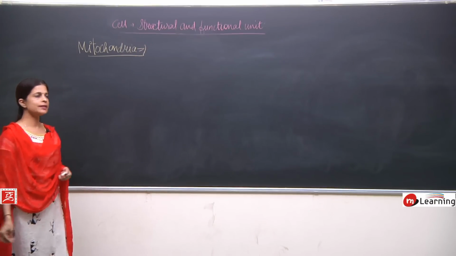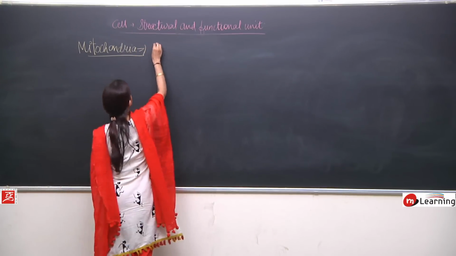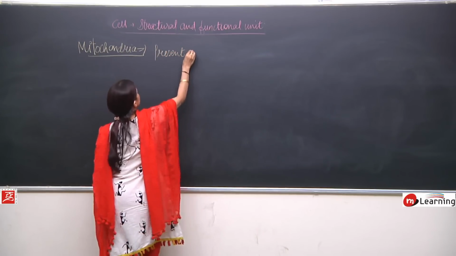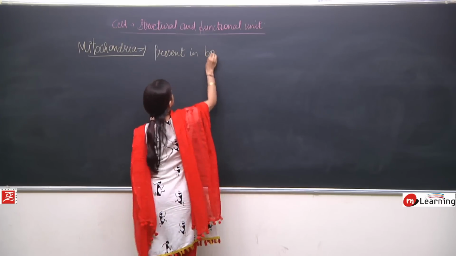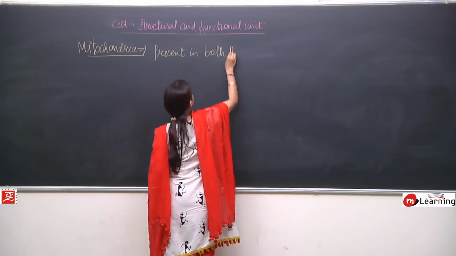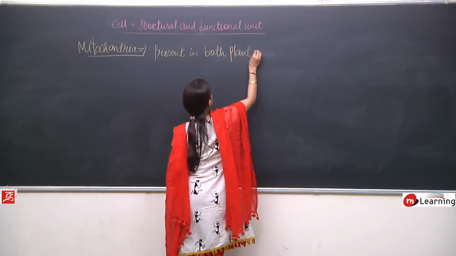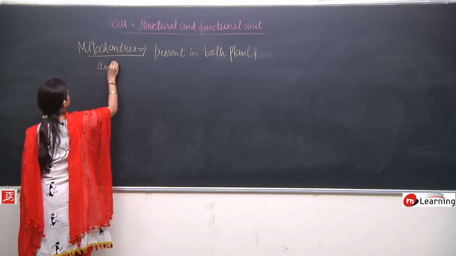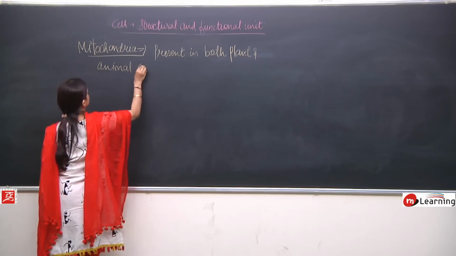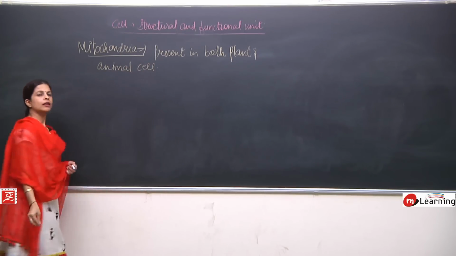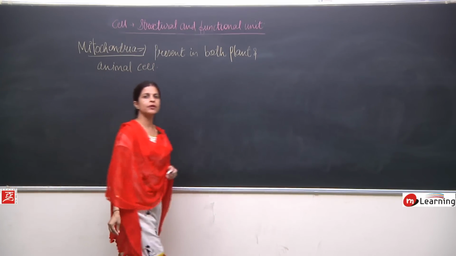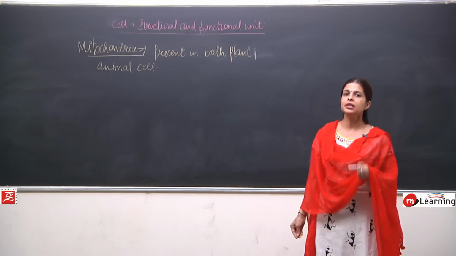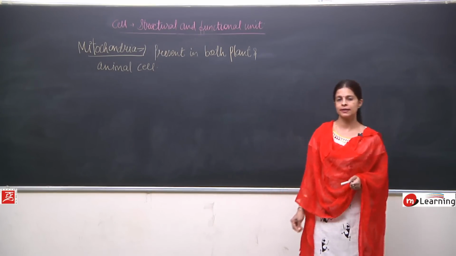It is present in both plant and animal cells. But the number of mitochondria depends upon the energy required by an organism.